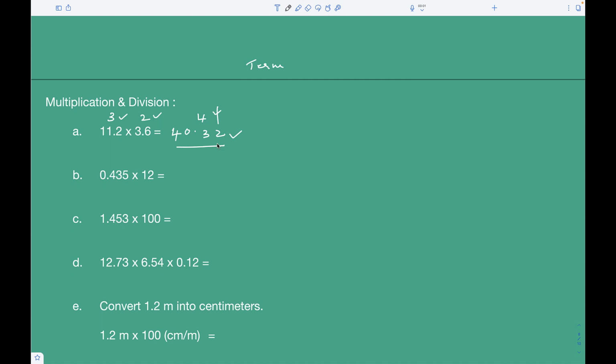See, a chain may have many links, but it is only as strong as the weakest link. So the precision of the result must be equal to the precision of the least precise term. Now between these two terms, this is less precise. So the precision of the result must be same as the precision of this term.